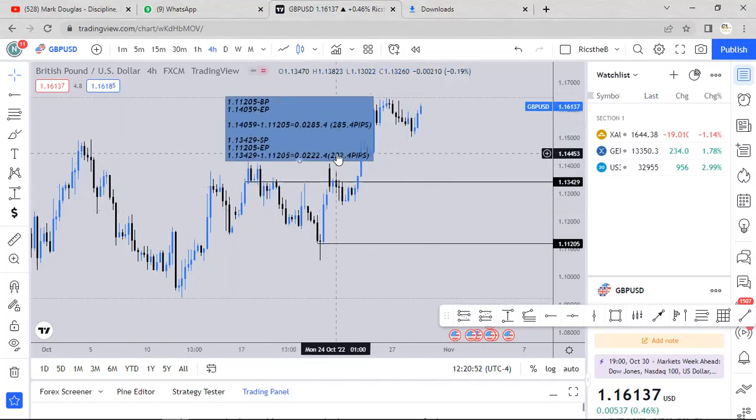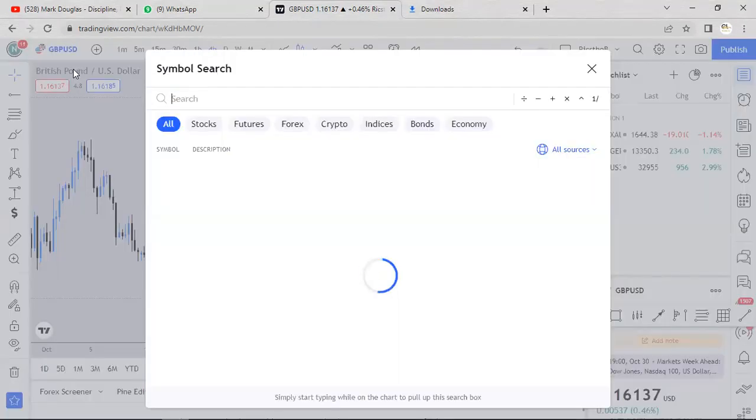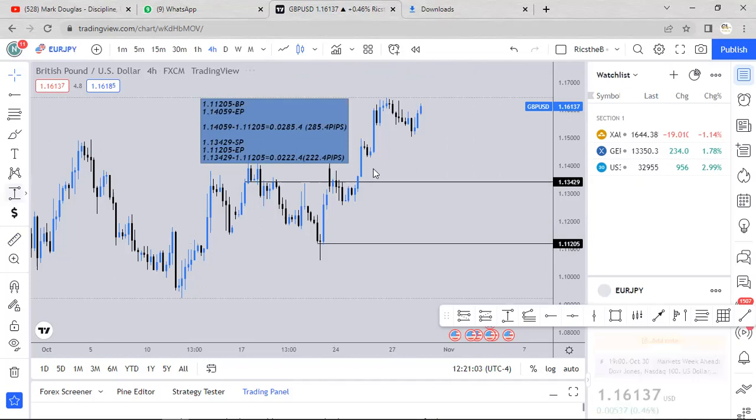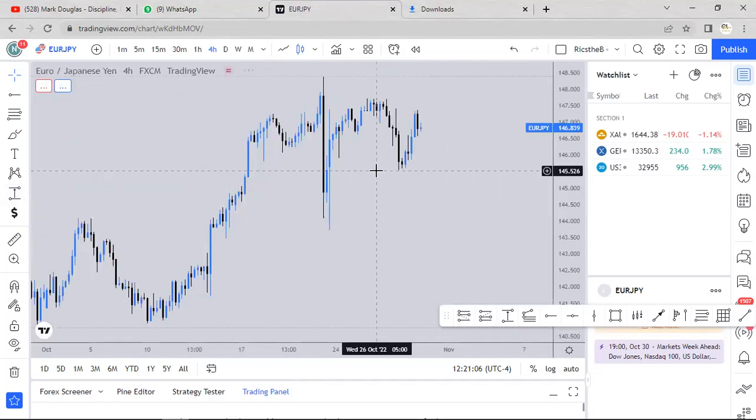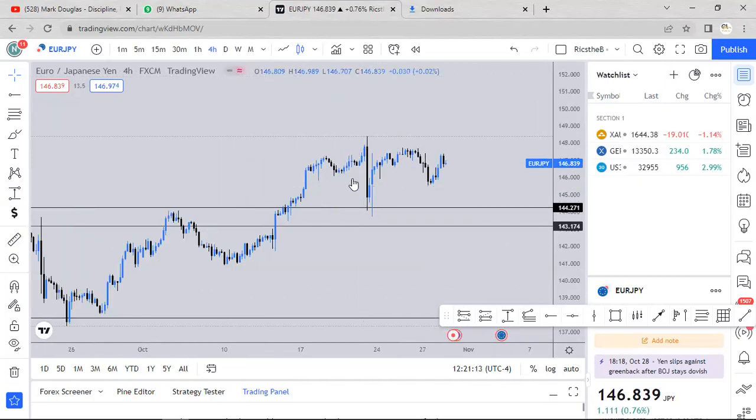I'm going to show you how to calculate pips on JPY pairs, and I believe the same is what you can do on gold. So I'm going to use a pair like Euro Japanese yen. I'm going to show you this using the Euro JPY and speak a little bit on lot sizes, then we shall be done for this session.